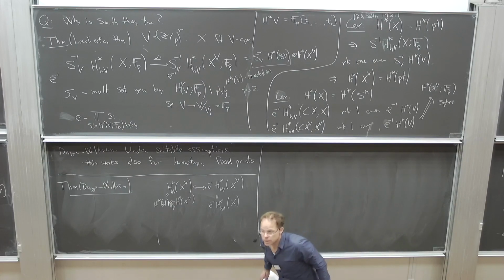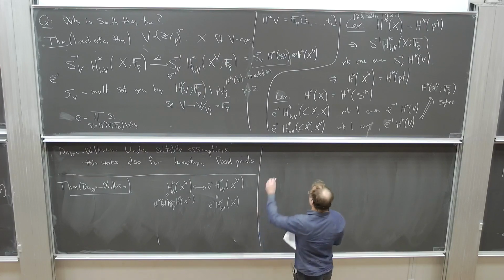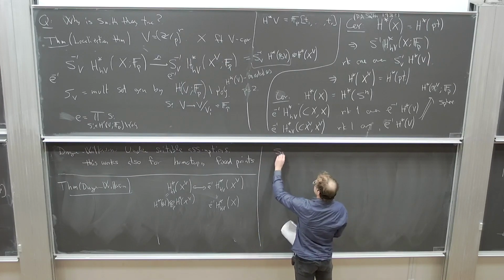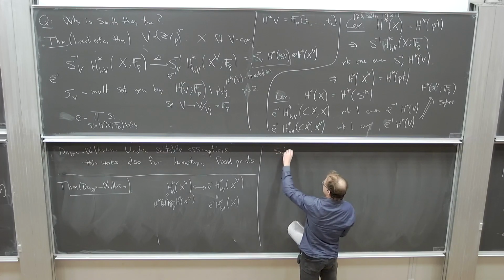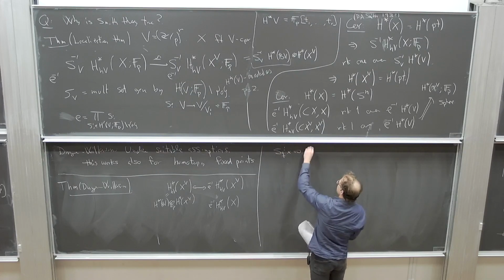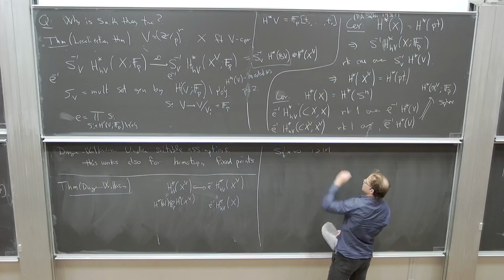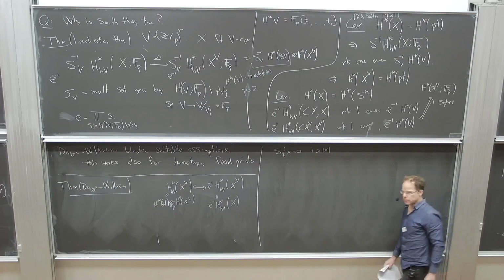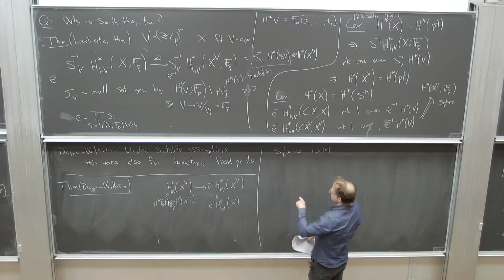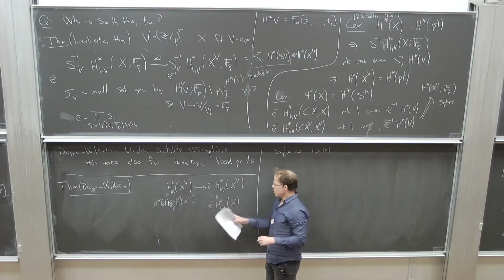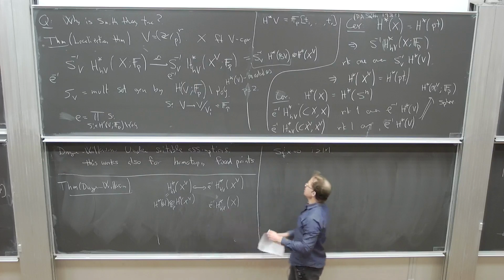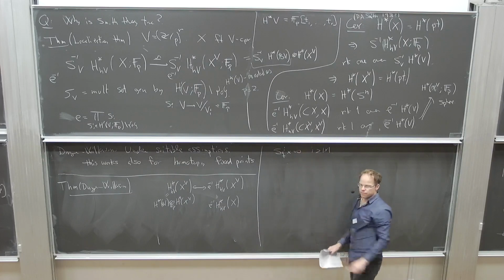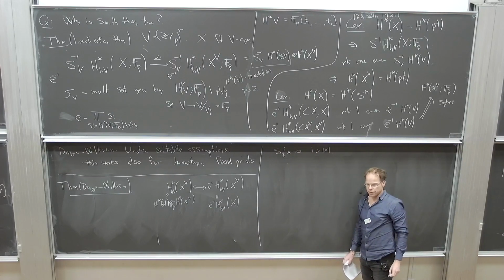Say that again? I said, if you have a space, then the Steenrod square on x is 0 if i is bigger than the dimension of x. And I'm saying we can equip this with an action of the Steenrod algebra, but in general this rule will not be satisfied.